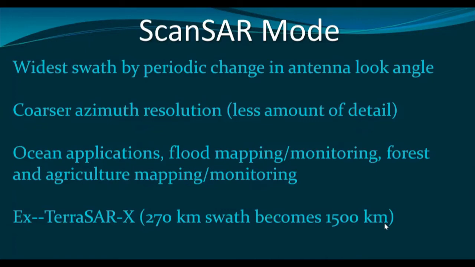But since we are capturing the image by tilting the camera continuously, the sensor won't be able to focus on a specific geographic area for a longer duration of time, and as a result, the spatial resolution or the level of detail will be coarser.